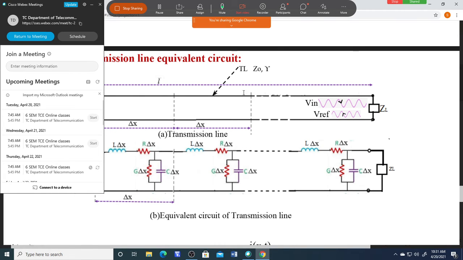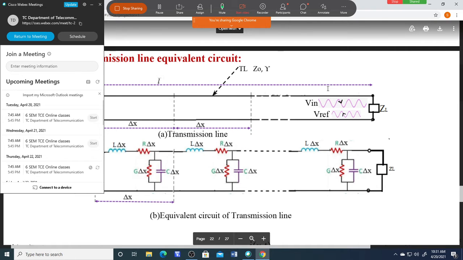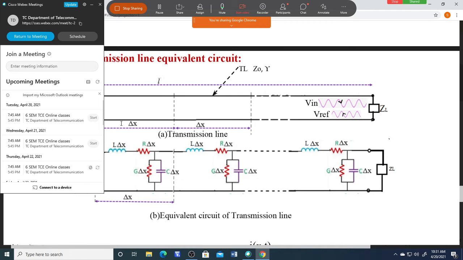One is a current flowing like this, another is a current going like this. So current is the addition of the incident current and the reflected current. So automatically voltage and current variations are there here. Voltage variation and current variation. So the impedance also changes over this, because impedance at any position depends upon the voltage.